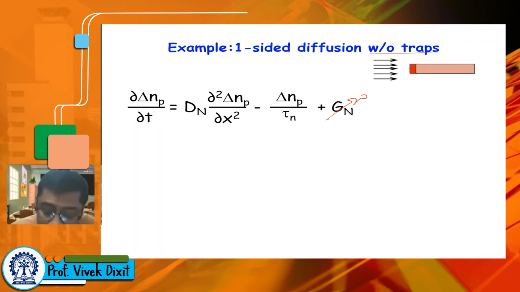And there are no traps, so no traps means this also goes to 0. So no generation, no recombination. And if there is a steady state, this also goes to 0. So what do we have? D times dn by dx goes to 0, so delta n will be some kind of ax plus b.